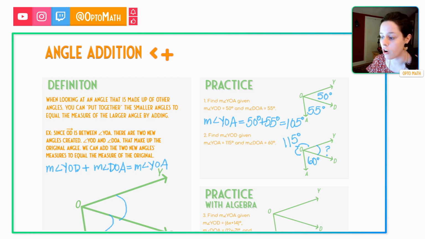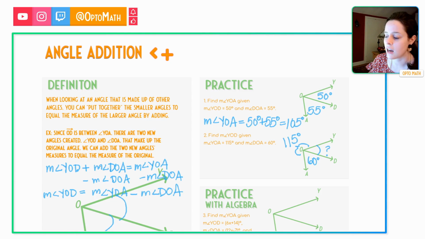So if we solve, kind of thinking about algebra with these letters, we solve this equation for the measure of angle YOD. We can subtract the measure of angle DOA from both sides. And then we'll see that the measure of angle YOD equals the measure of angle YOA minus the measure of angle DOA.